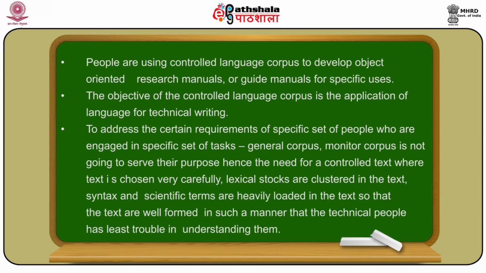The objective of the controlled language corpus is the application of language for technical writing, and to address the requirements of a specific set of people who are engaged in a specific set of tasks. So, a general corpus or a reference corpus or a monitor corpus is not going to serve their purposes.